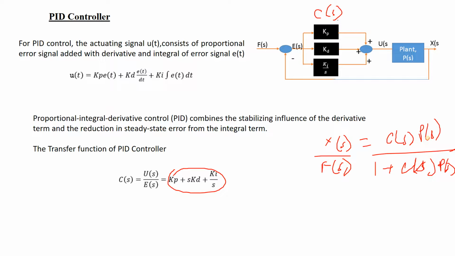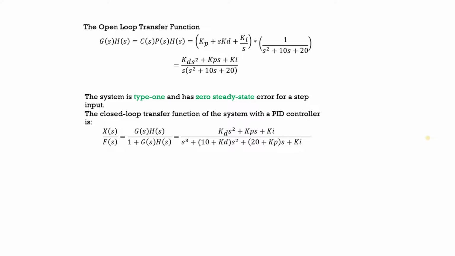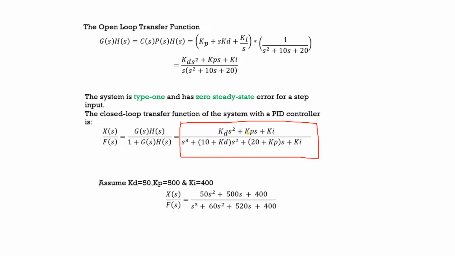Now we will put in Cs and Ps, and Ps as we know is 1 by s squared plus 10s plus 20. After simplifying we get this entire transfer function. This is the transfer function of the PID controller. Now we will put in the values of the gains. We will use Kp 500, Kd as 50 and Ki as 400. Why 400?